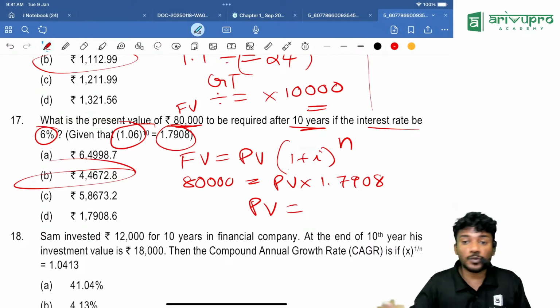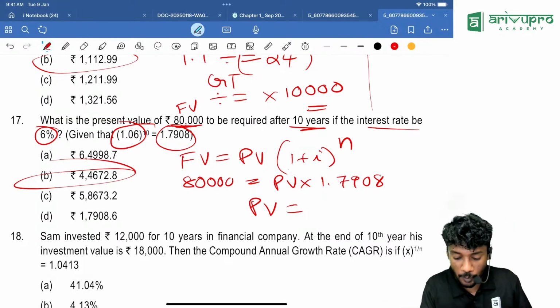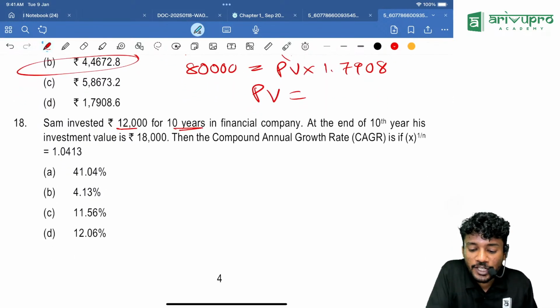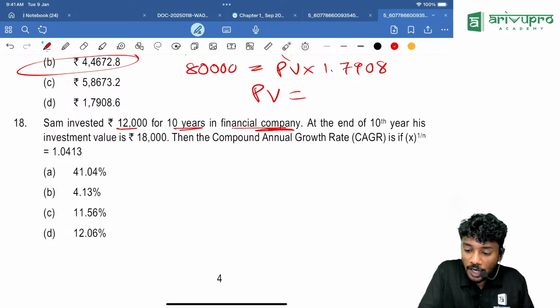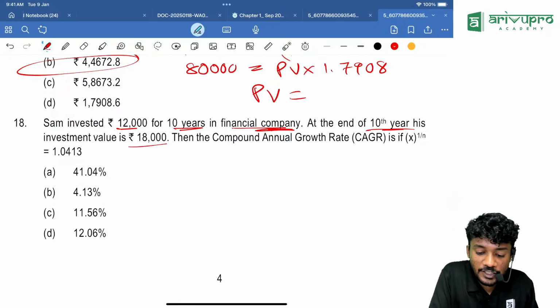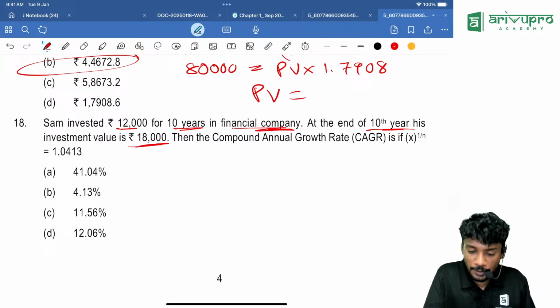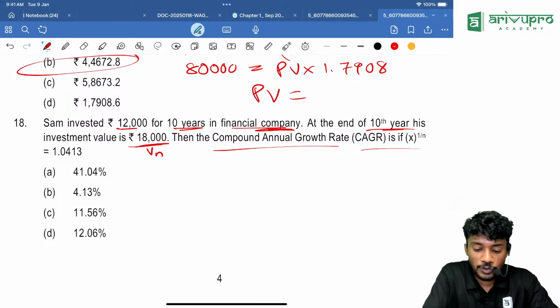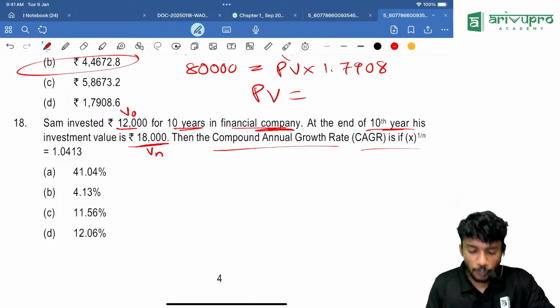Yes. Next one. Can we do it? Everyone, look at the question. Sam invested 12,000 for 10 years in a financial company. At the end of the 10th year, his investment value is 18,000. Then the compound annual growth rate is how much is the question. Here, Vn is 18,000. V0 is 12,000.